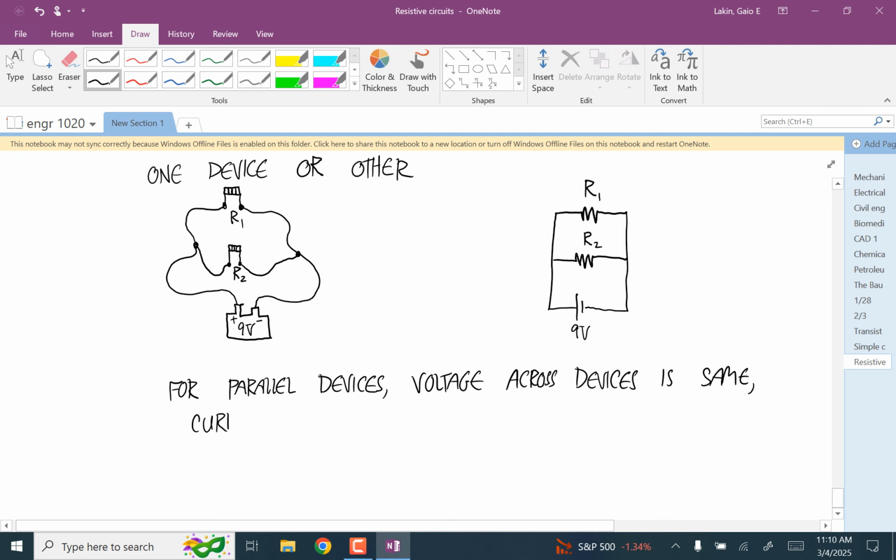So that's the opposite of the way it worked with series. Remember that series divides up the voltage. Resistors that are in parallel like this divide up the current that flows.